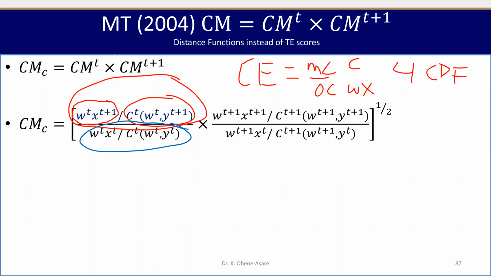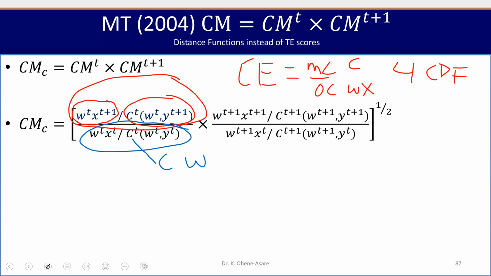So guys, note that the one that defines the frontier, whether in time T or time T plus 1, is the superscript of the C. And by the way, whatever the superscript of the C is, the W will have the same superscript. Take note. I'm giving you some clues. The same superscript that the C has will always be the same superscript that the W has.